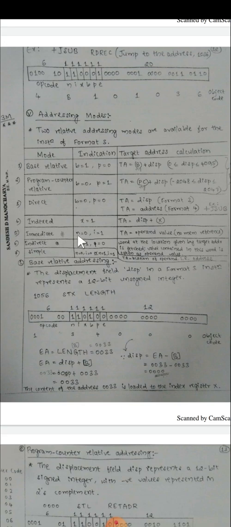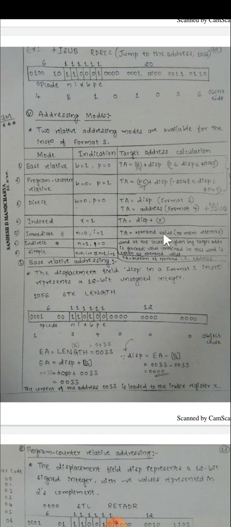And how do we indicate immediate addressing mode? As its name itself is immediate, the I value will be 1 here and the n value will be 0. So n is 0 and I is 1. If these two values are in these flag bits, then this addressing mode is immediate addressing mode.